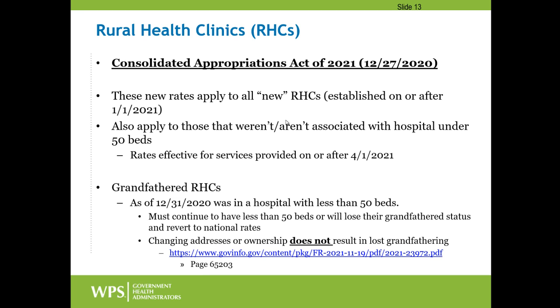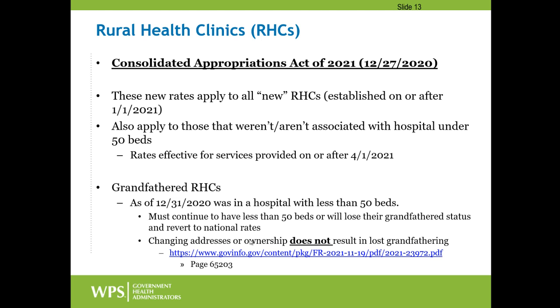Those are what we call new RHCs. We'll dig into that a bit deeper in a bit. But the grandfathered RHCs are the ones that were in a hospital prior to 12/31/20, and the hospital had less than 50 beds. So the idea is they were exempt from the national limit before. They just used cost per visit.